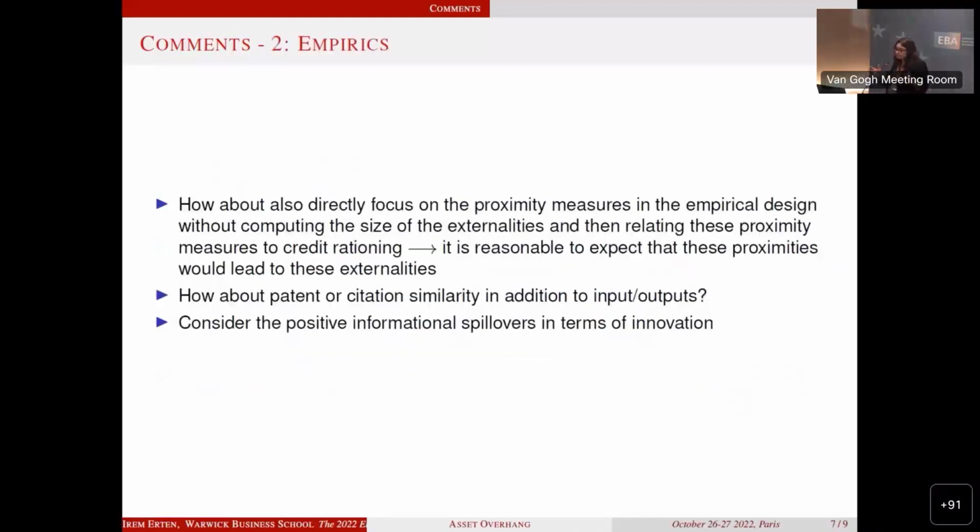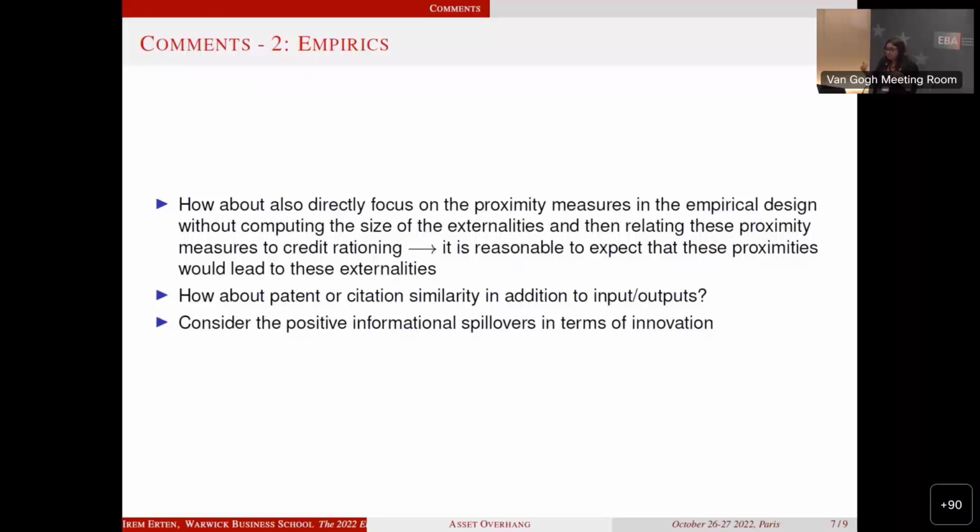I have some comments which may be useful, hopefully, for the authors. So I really like the theory, and I think it's quite clear. But I think the authors, if they want, can do some more in terms of the empirics. For example, one comment I would have is in terms of the empirical tests, and maybe if I was the author, I would start by focusing first on the proximity measures in terms of understanding and constructing this legacy channel.